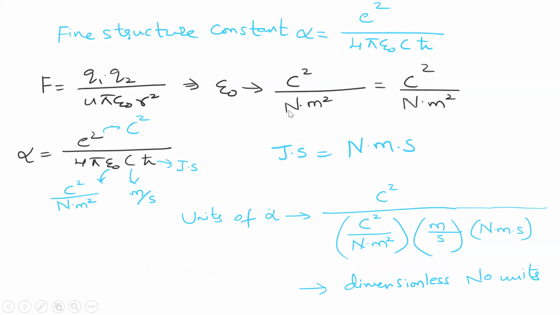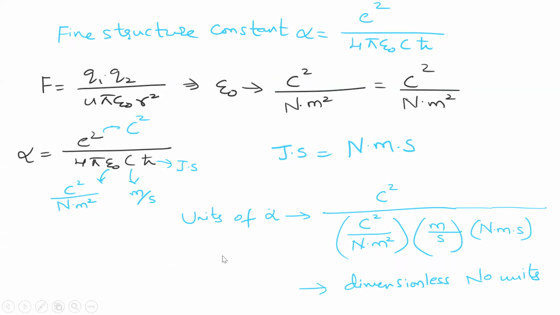Now alpha: e square represents Coulomb square, and epsilon naught has Coulomb square by Newton meter square. Here c is the speed of light, which has the unit meter per second, and h cut, the reduced Planck's constant, is joule second, and joule second is equivalent to Newton meter into second.